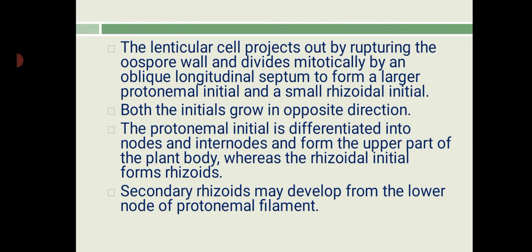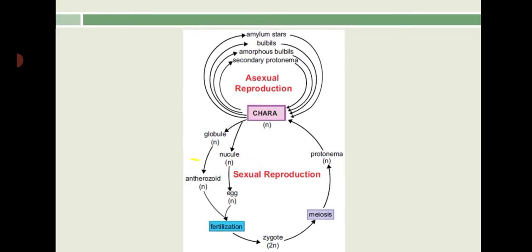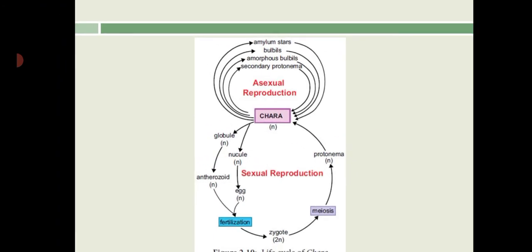Both the initials grow in the opposite direction. Rhizoidal initial results in the formation of the rhizoids. The protonemal initial is differentiated into nodes and internodes and forms the upper part of the plant body, whereas the rhizoidal initial forms the rhizoids. And then the secondary rhizoids may develop from the lower node of the protonemal filament. So this is how the germination of oospore in Chara takes place.